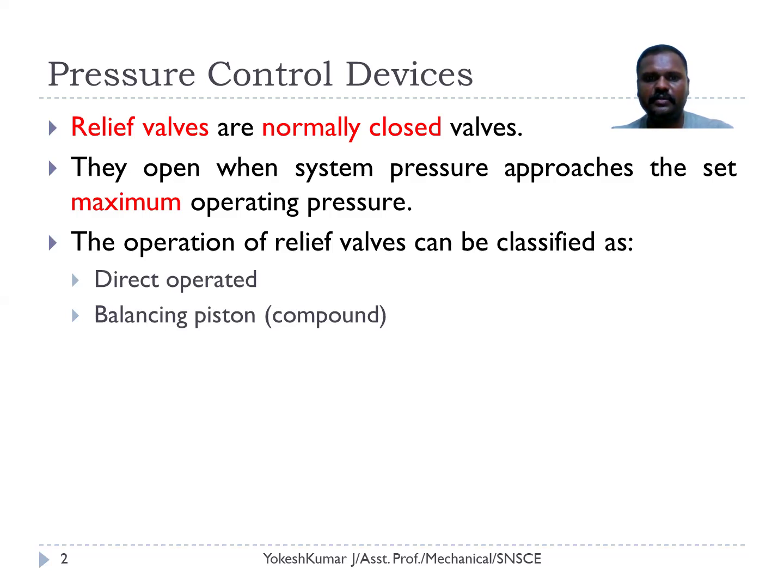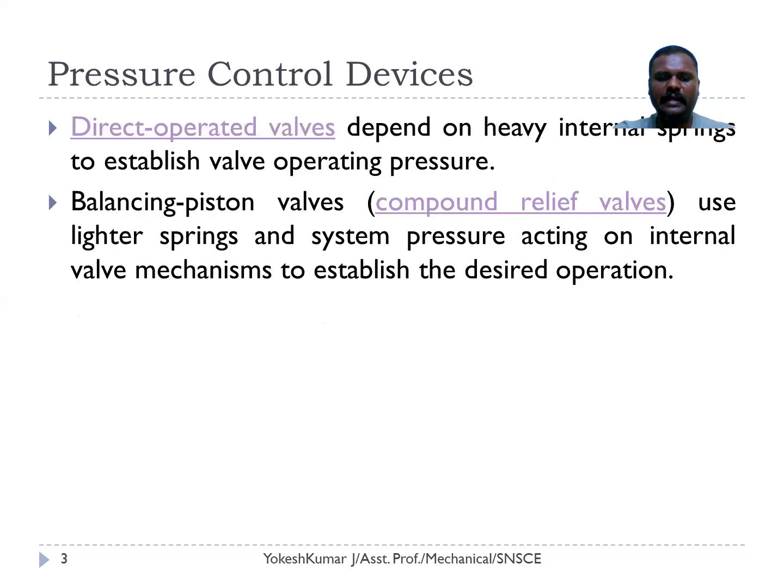Based on their operation, relief valves can be classified into two types. One is the direct operated pressure relief valve and the other is the balancing piston, otherwise called a compound pressure relief valve. In this video, we are going to discuss the direct operated pressure relief valve.